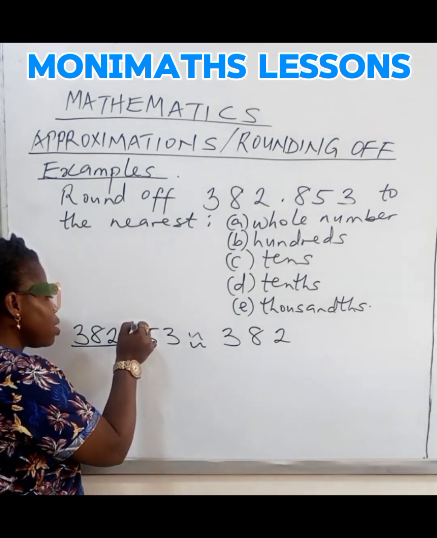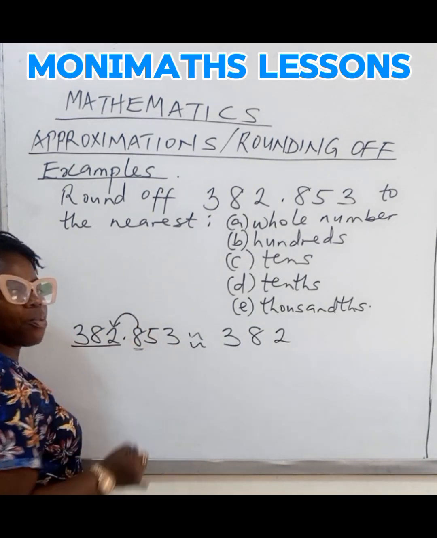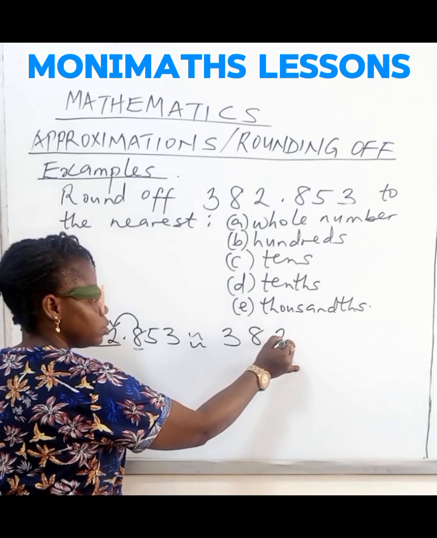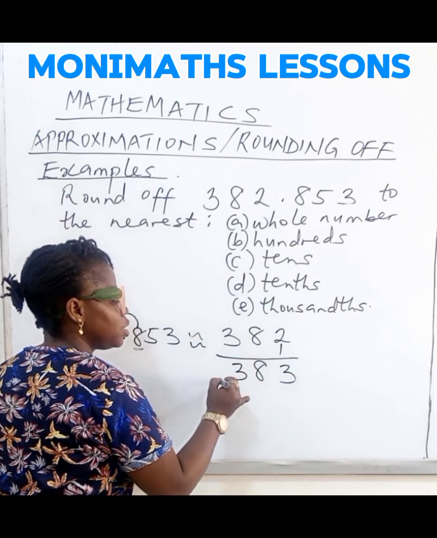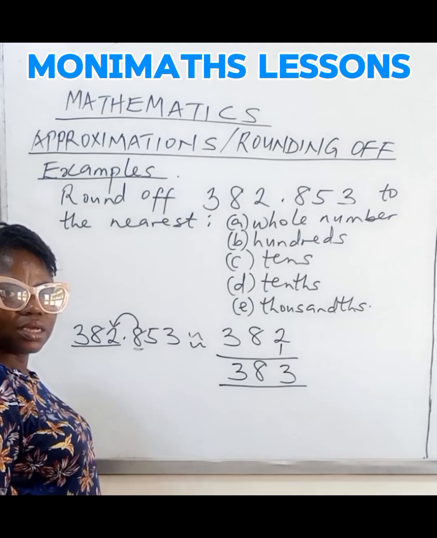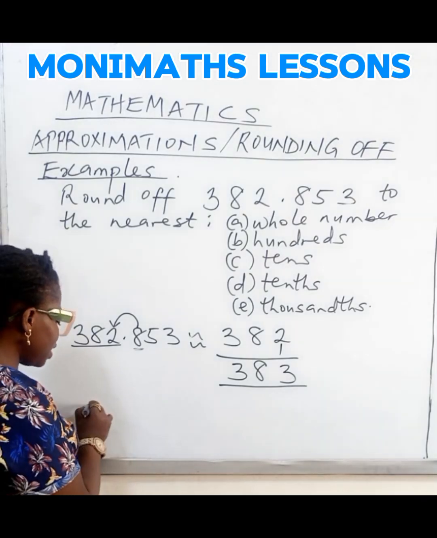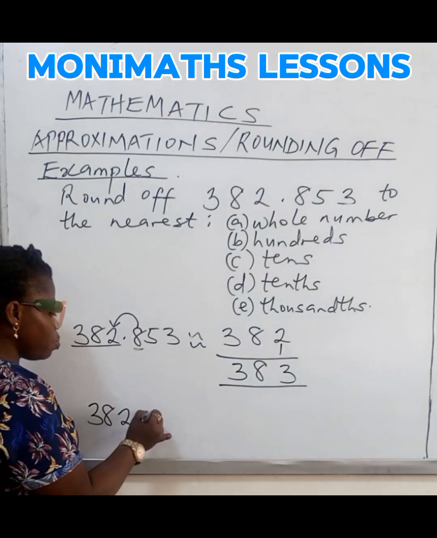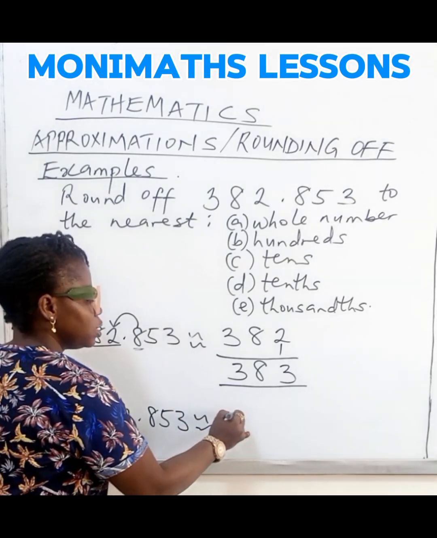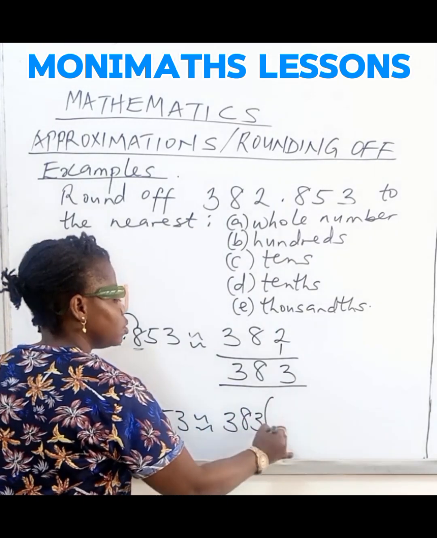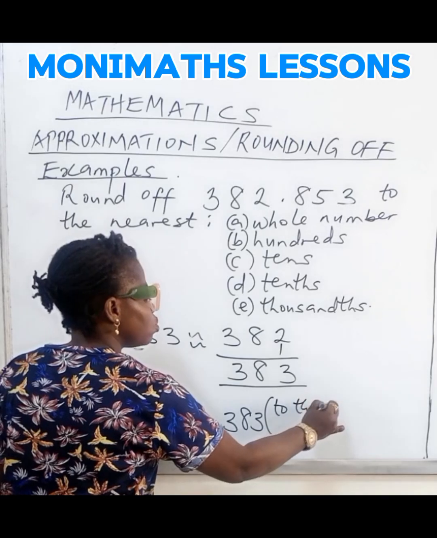So I will round it up upon the units as 1, and it will be added to it, so that we have 383. In that way, we can say 382.853 is approximately equal to 383 to the nearest whole number.